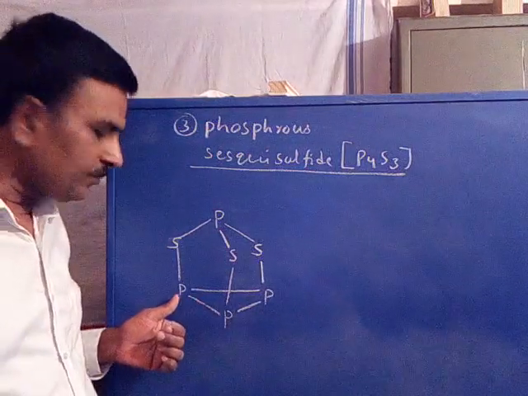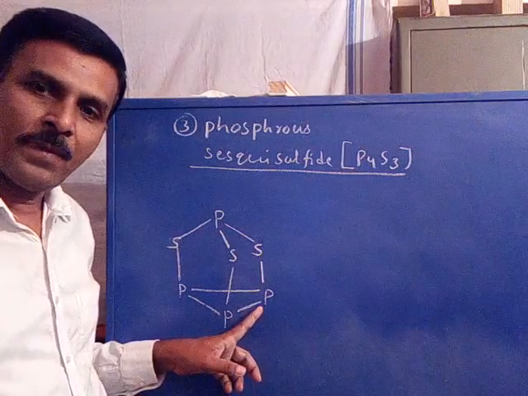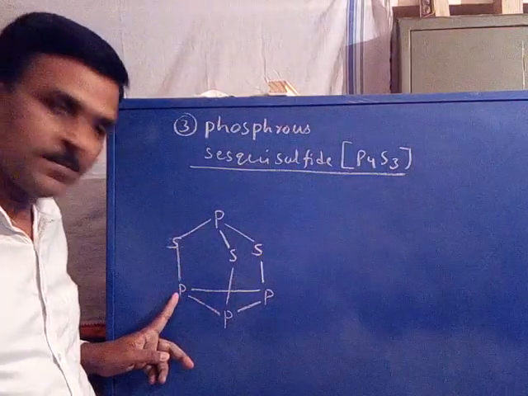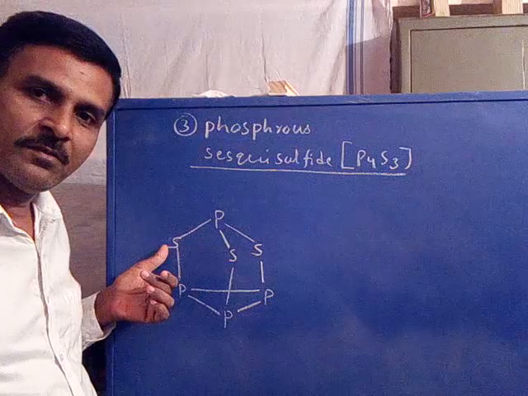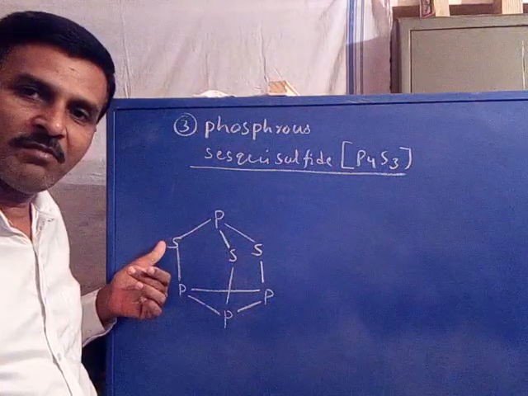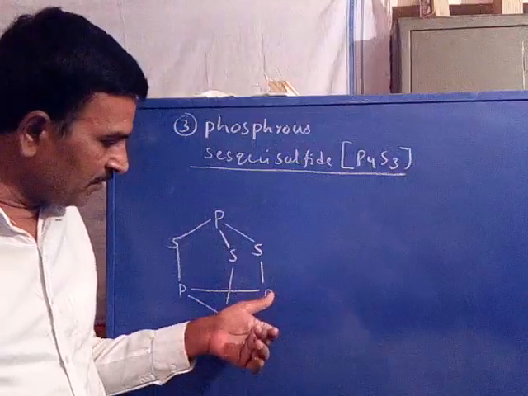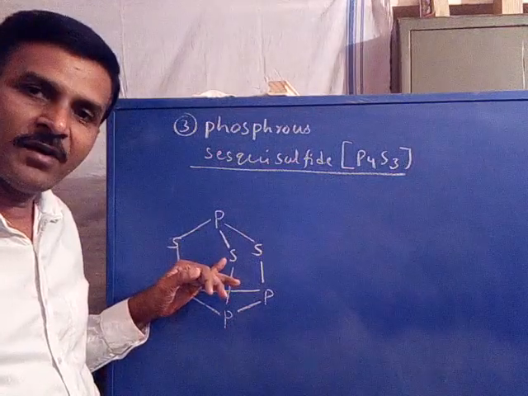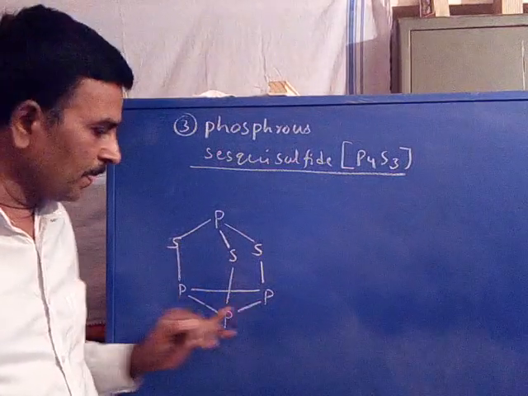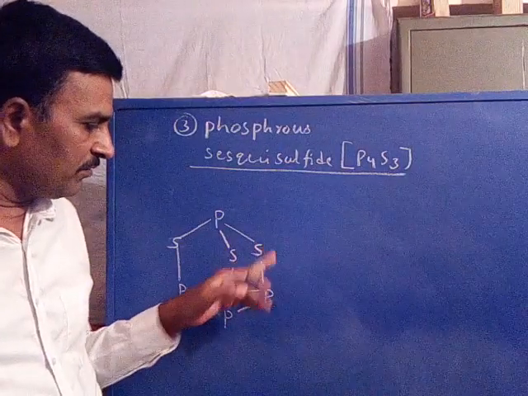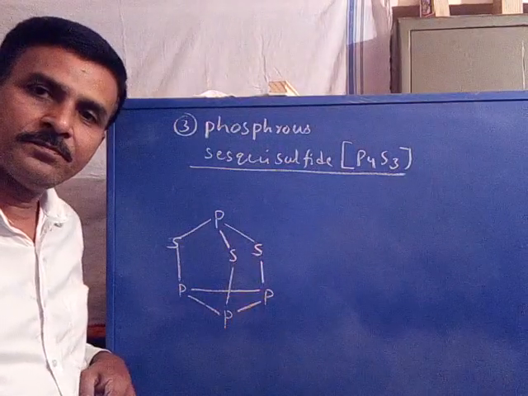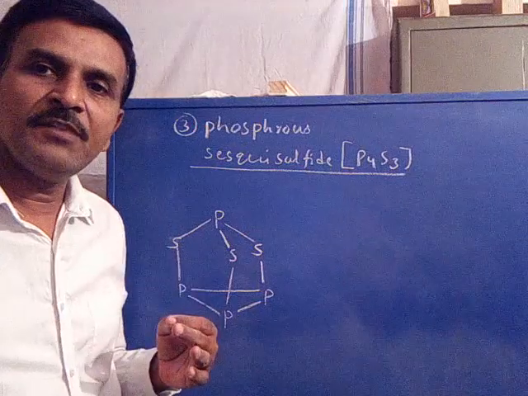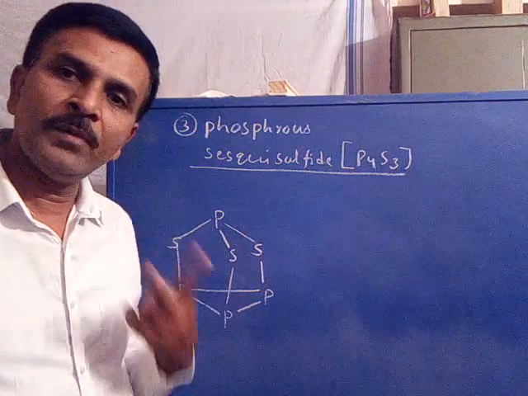Below there are three phosphorus, and each phosphorus is attached to one sulfur and two phosphorus.